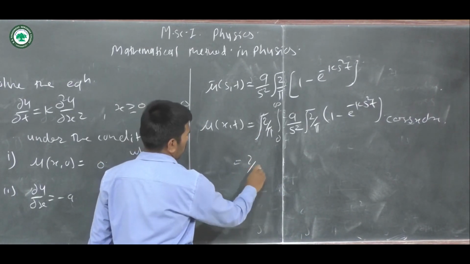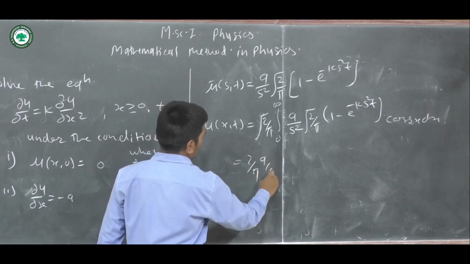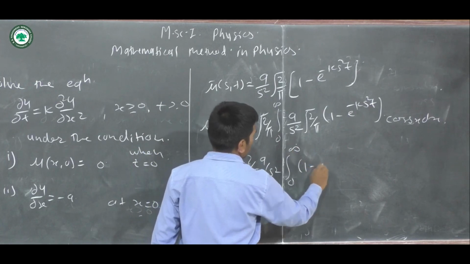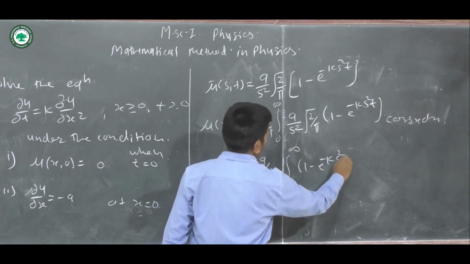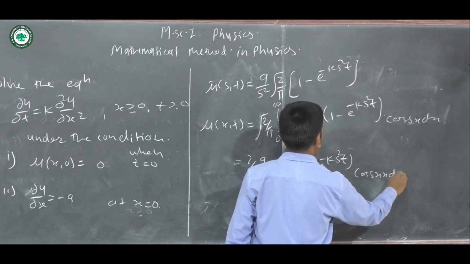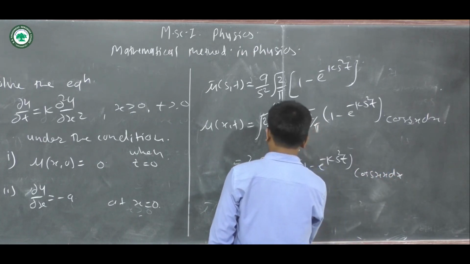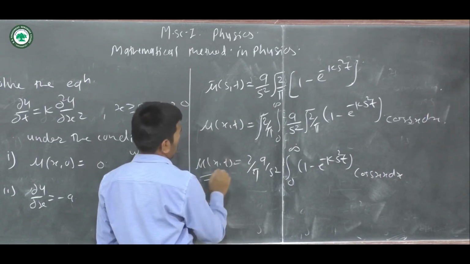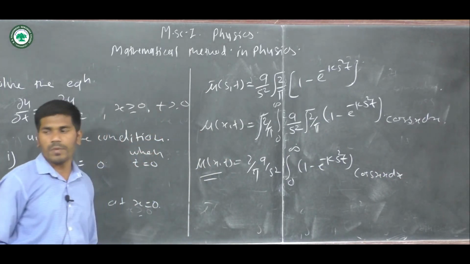And 2 over pi into a by s square integration from 0 to infinity of 1 minus e raised to minus k s square t, cos sx ds. Okay, so this is u for this differential equation.